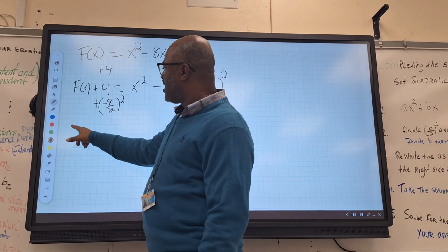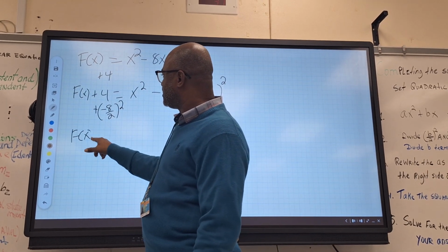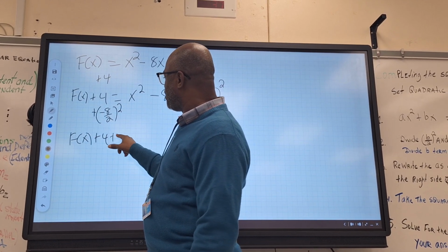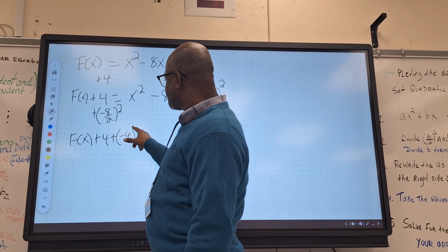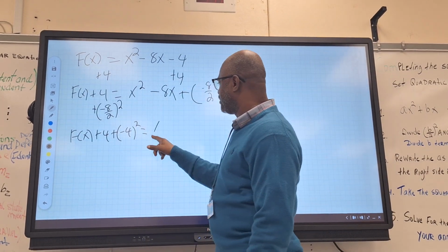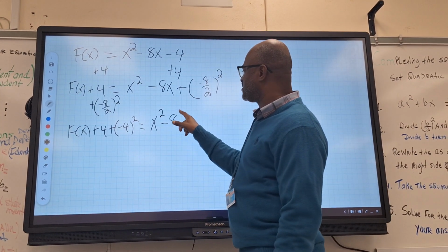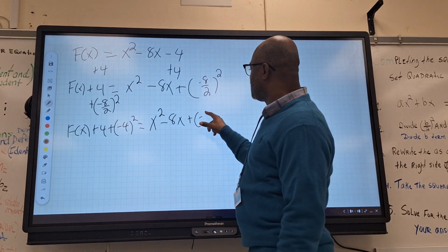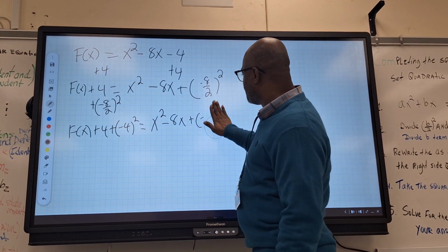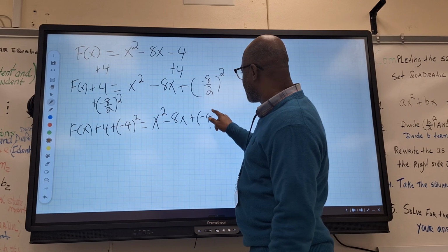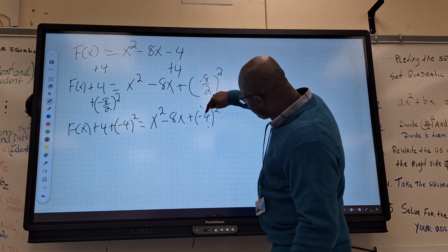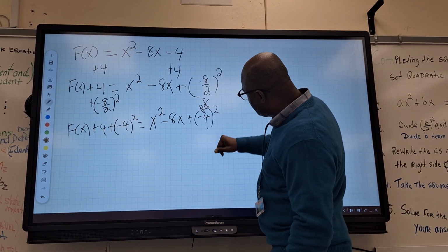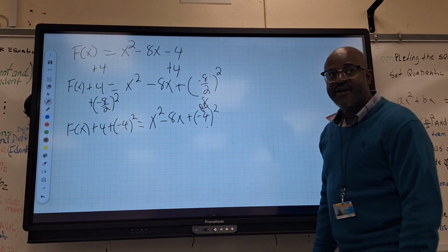And that's negative 4. So you will have f of x plus 4 plus negative 4 squared is equal to x squared minus 4x plus negative 4 squared. Right? So you can see where it's come from. You're always going to keep that thing because it's going to pop up again.